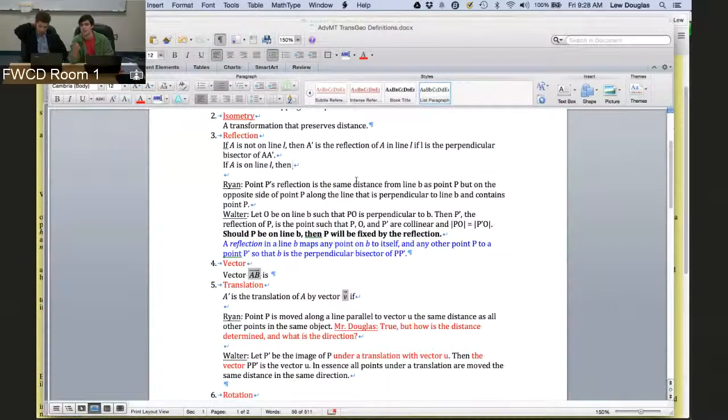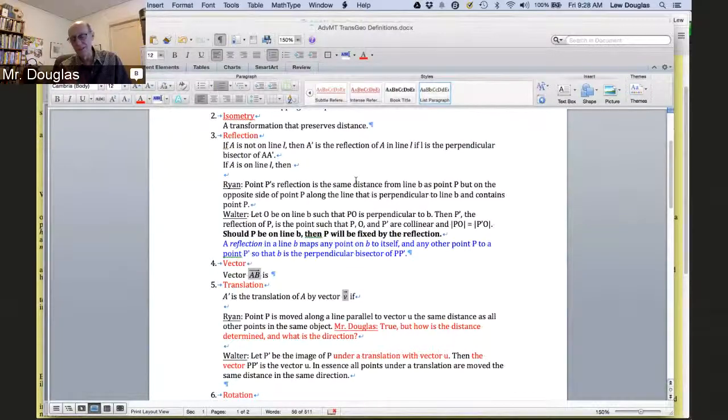What Walter had bolded in his definition. How do we just say that? Really in symbols, shortly. What is A prime going to be? A. Yeah. Like that. Okay? So how does that sound to you guys? You okay with that? Yeah.